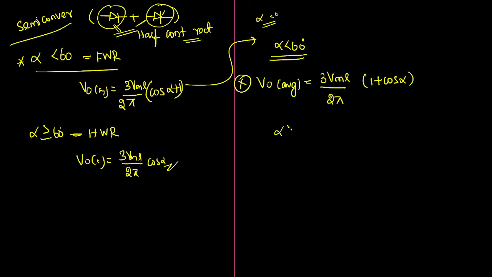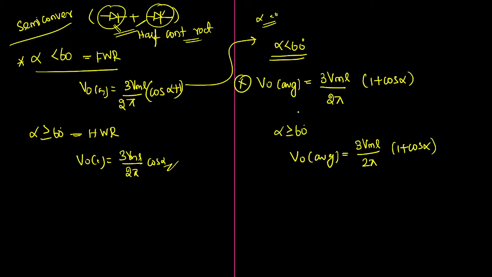When the value of alpha goes greater than or equal to 60 degree, then the V naught average formula will become, here also I am getting 3 VML by 2 pi into 1 plus cos alpha.